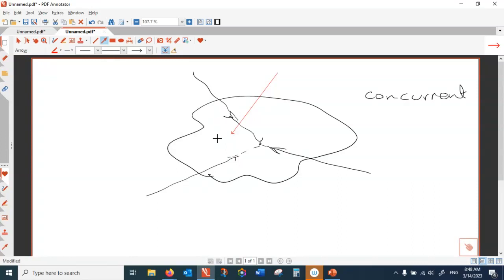What is the use of it? Okay, I will tell you what the application is. Why did we bother with such a complex definition? The reason is, if my object is subjected to three forces and the object is under equilibrium, I only know the direction of two of them. The third one, I know the magnitude, but I don't know the direction. So I can assume, because this object is at equilibrium, the third force is passing through this point.